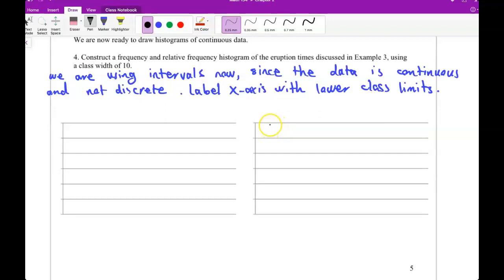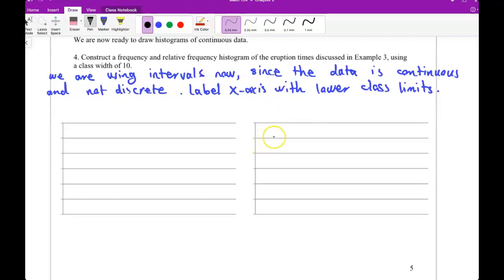Okay. So here is the title, Old Faithful eruptions.